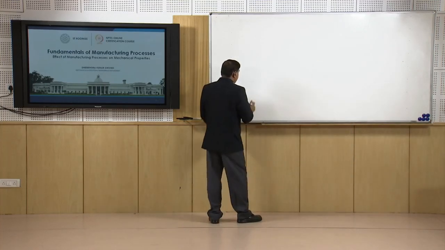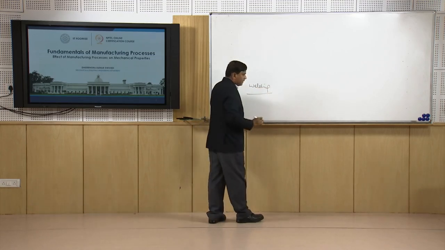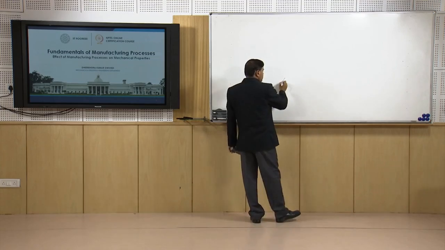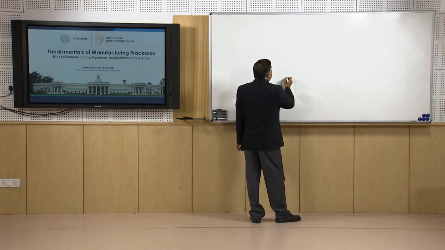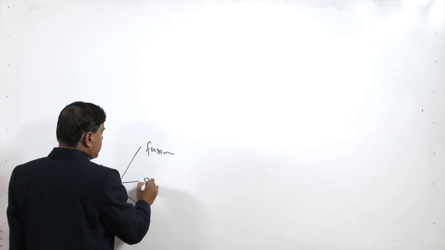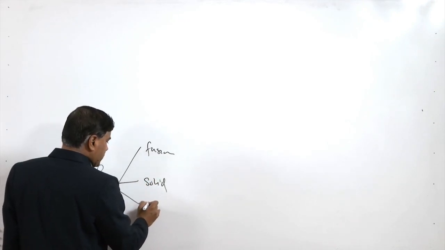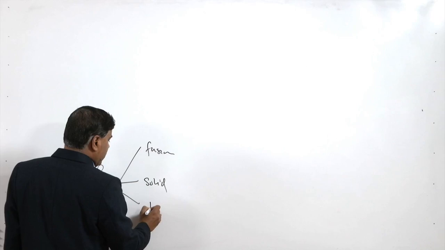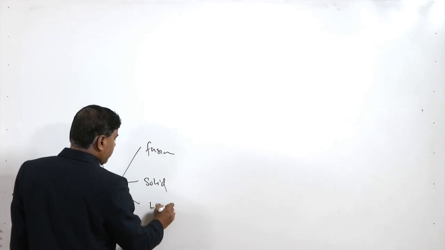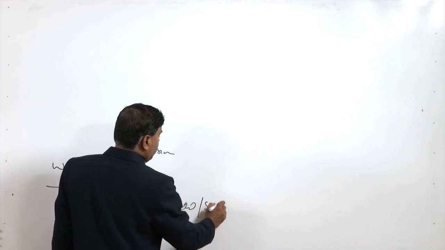Coming to the welding, as I have said, there are three types of processes: fusion welding, solid state welding, and those processes where liquid metal of low melting point is used and the base metal remains in the solid state.